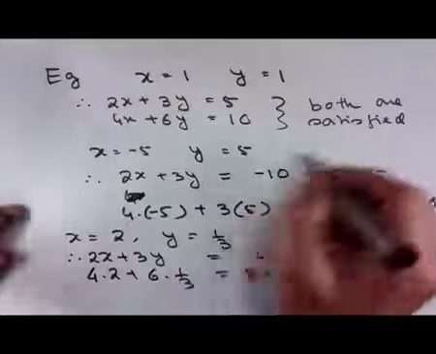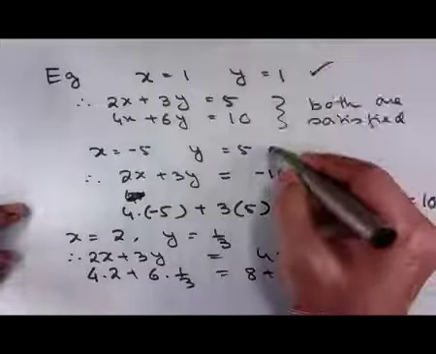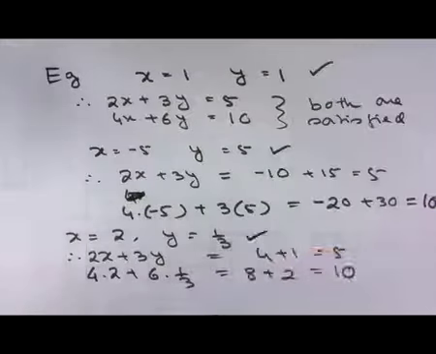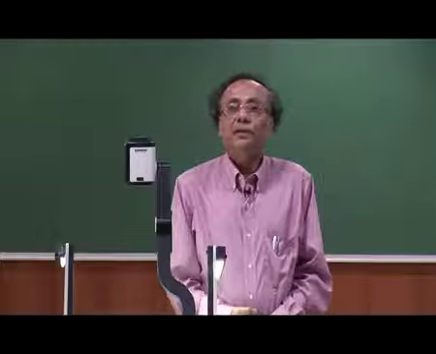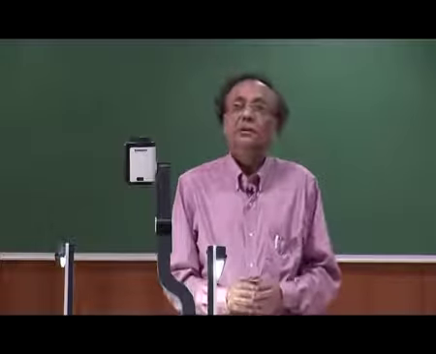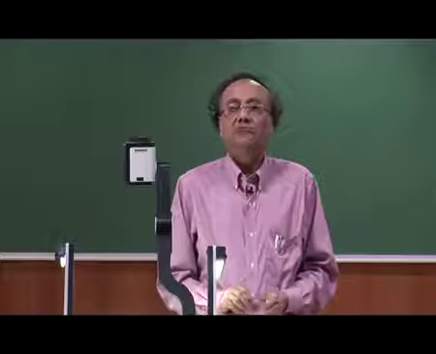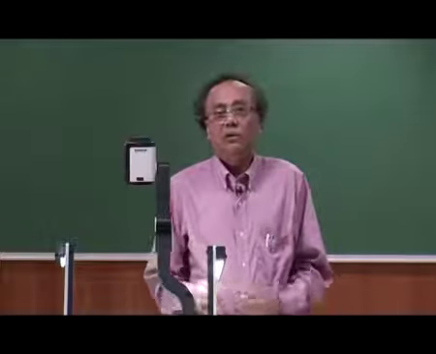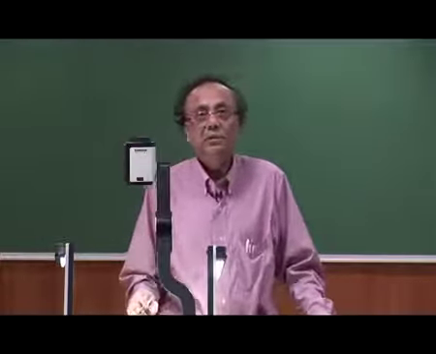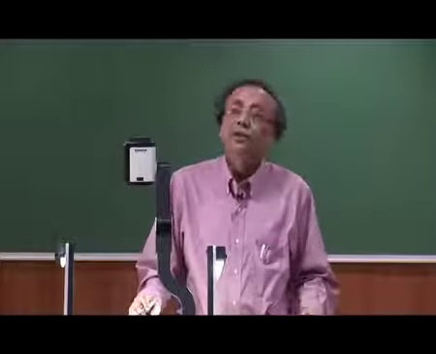Therefore, we see that we can find 1, 2, 3. In fact, we can compute infinitely many solutions for such a system of equations. Therefore, given a system of equations, we can have three possible situations. Either we can have one solution, or we can have multiple solutions, or we can have no solution.